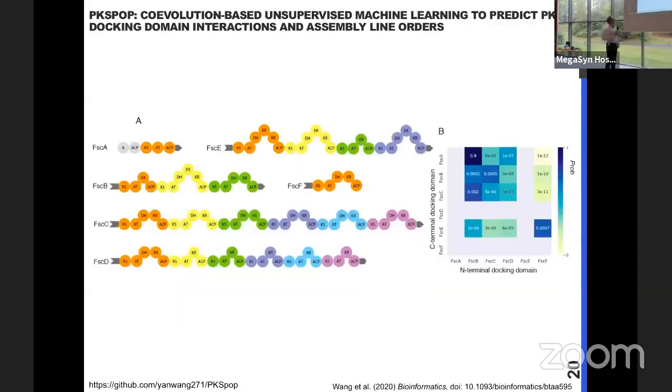So the final thing I want to briefly talk about is the PKSPOP algorithm, which is for docking domain interaction, because at some point when you predict the substrate specificity of NRPS and PKS modules, to be able to get an idea of the full structure, you need to know the order, of course, of the PKS and NRPS enzymes. And for this, you need to predict the interactions between the docking domains.